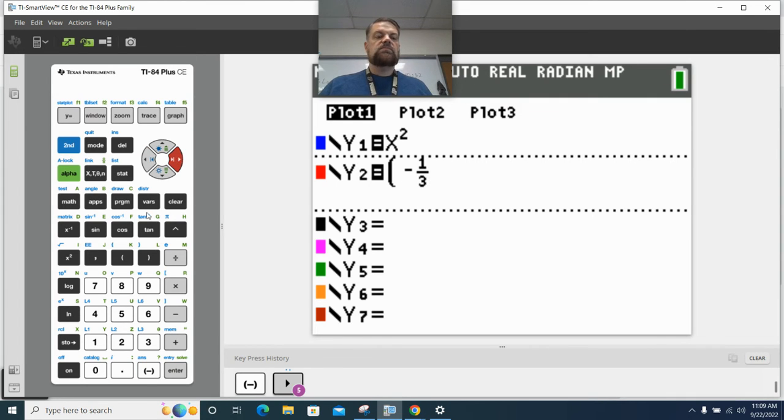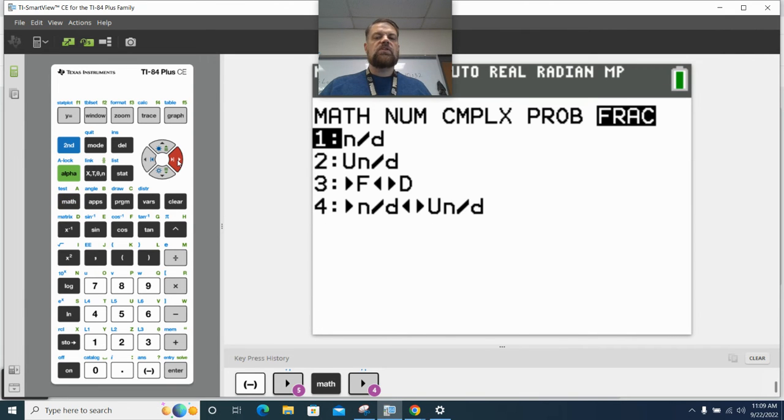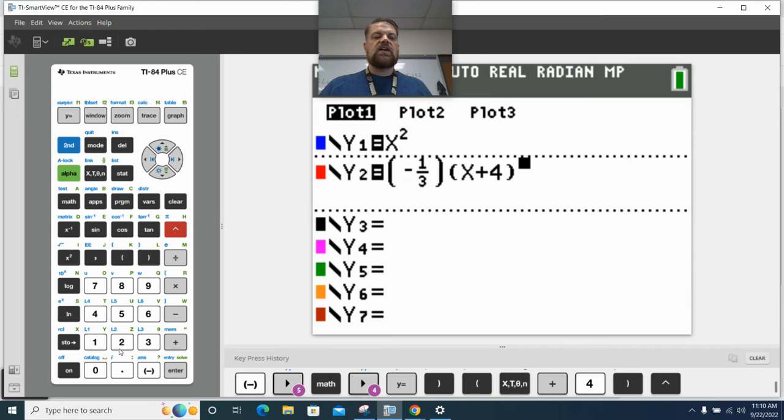Hit the math button, then use the cursor to go all the way over to fraction. Yeah, and then it's the first option. I'm going to close my parentheses and then start another set of parentheses, x plus 4, close parentheses, and square that. I'll leave that up there for a second so you can see it.